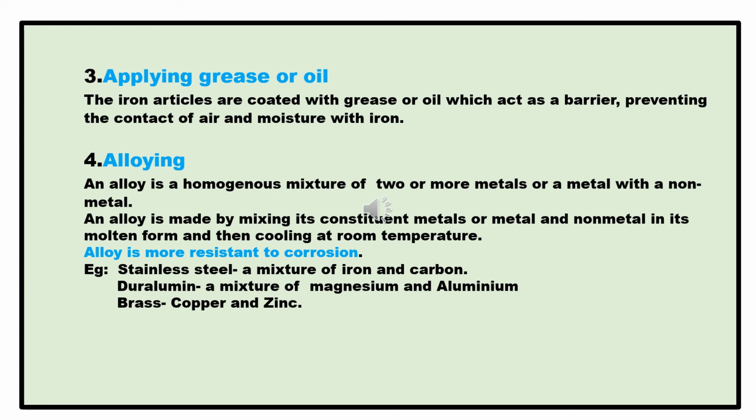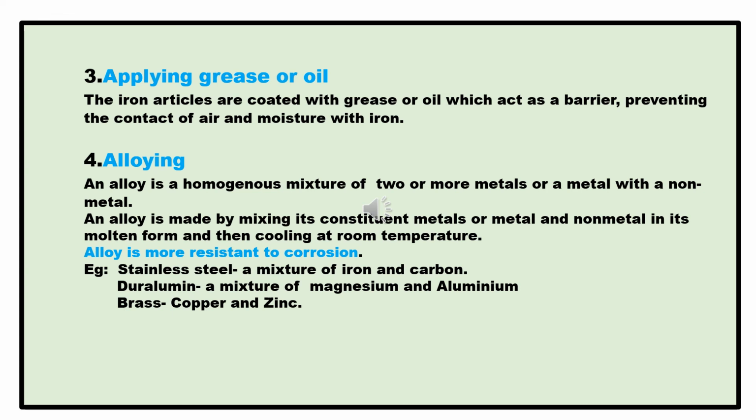So whatever we have learned, the preventive measures of rusting, are applicable even for corrosion. For example, stainless steel. We know the steel vessels that we use, or the steel we use for furniture. It is a mixture of iron and carbon.